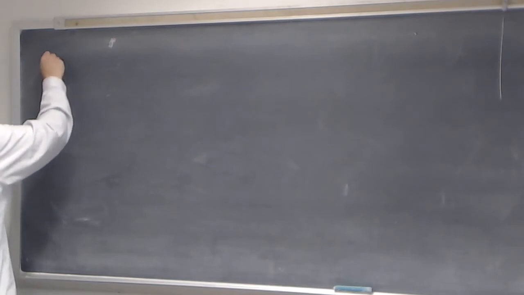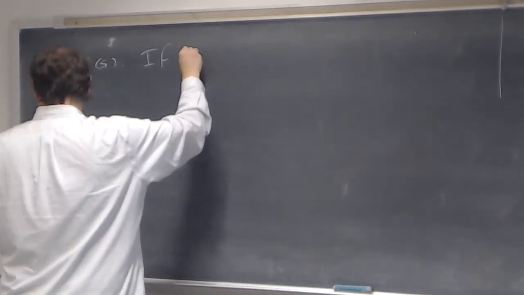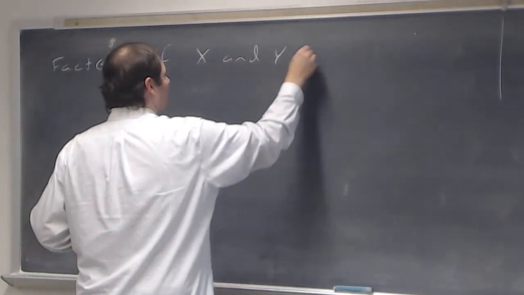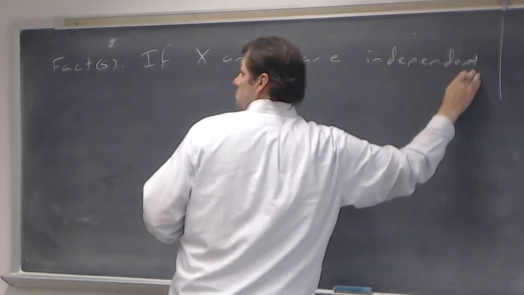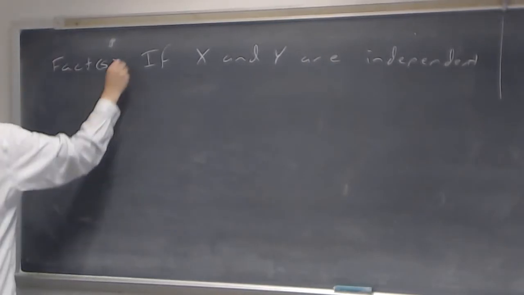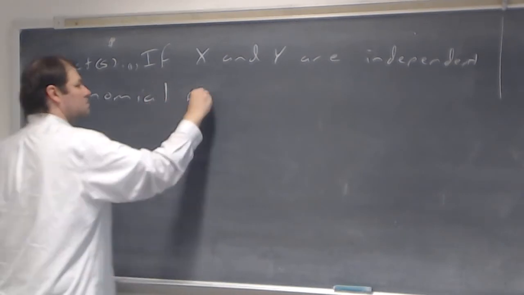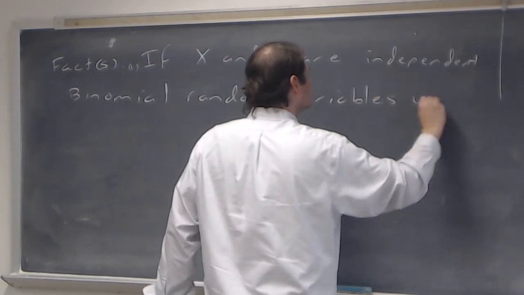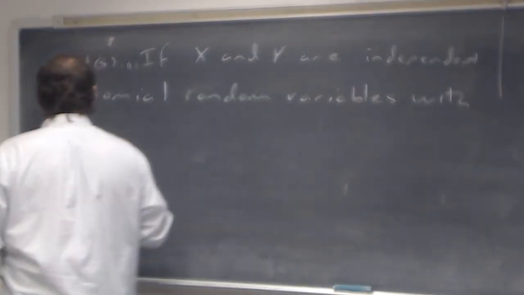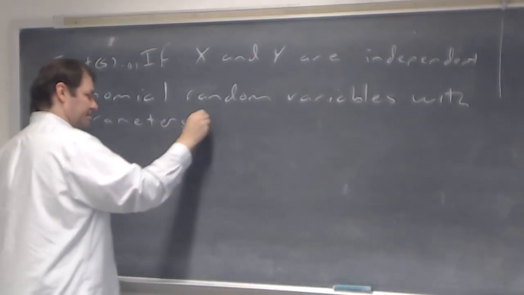So in particular, as a fact, if X and Y are independent binomial random variables with parameters, binomial have two parameters. How many times you did the experiment?